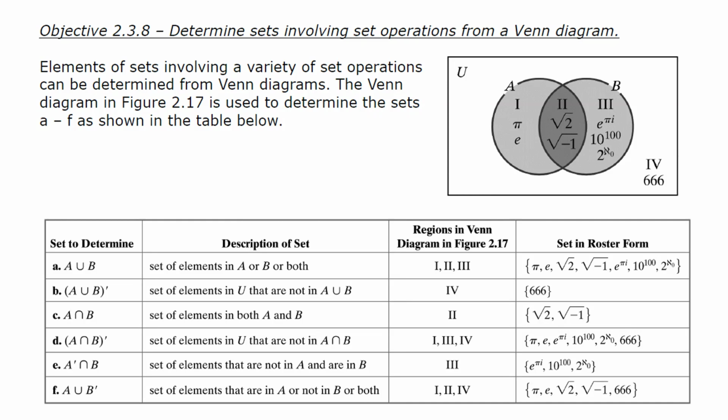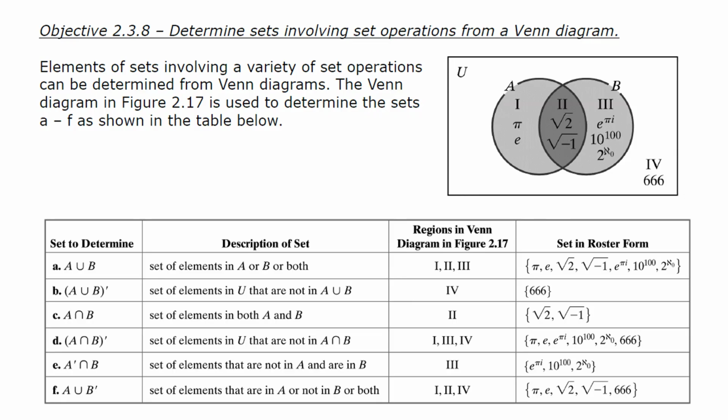Because they're in the A circle, I am removing them. What would be left would be region number 3, because I had to take out their common elements as well, since those elements are contained in set A, and I want the complement of set A.